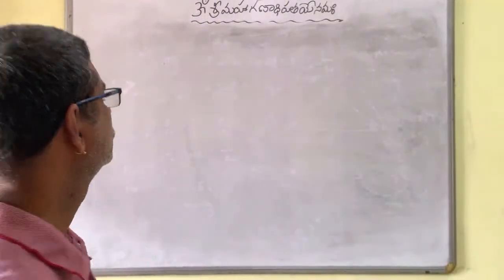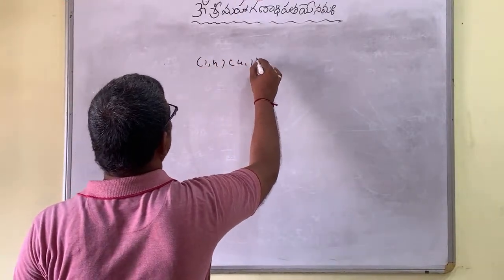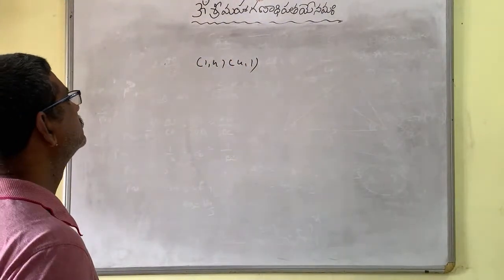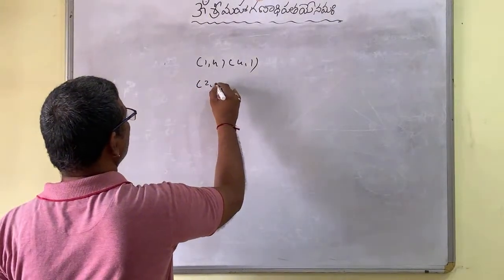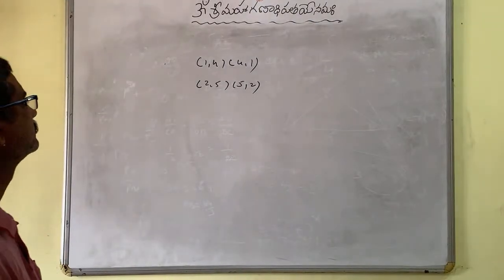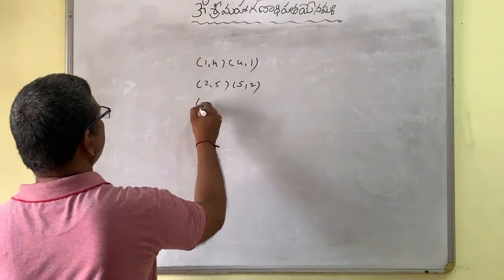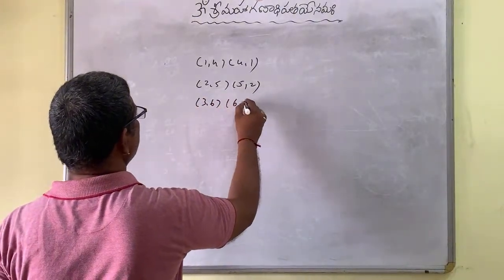Okay? 1, 4; 4, 1. 2, 5; 5, 2. 3, 6; 6, 3.